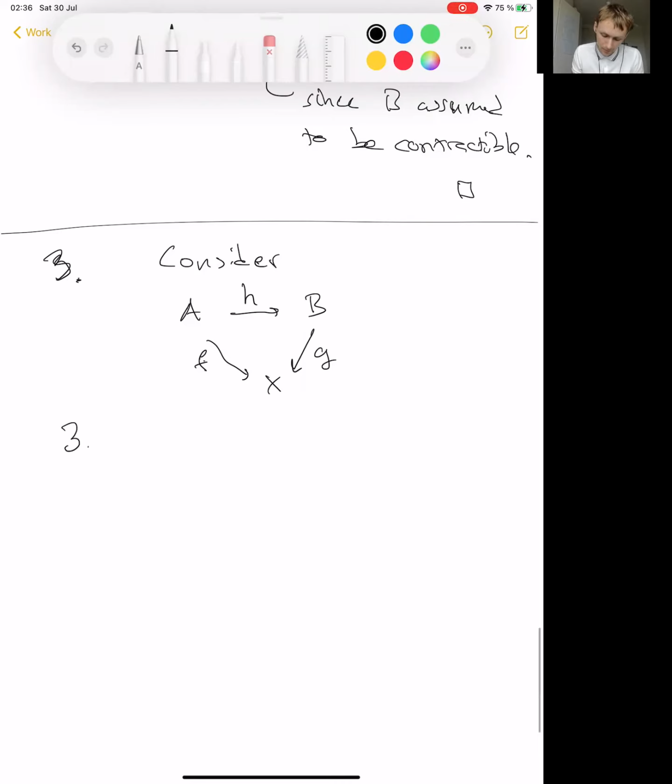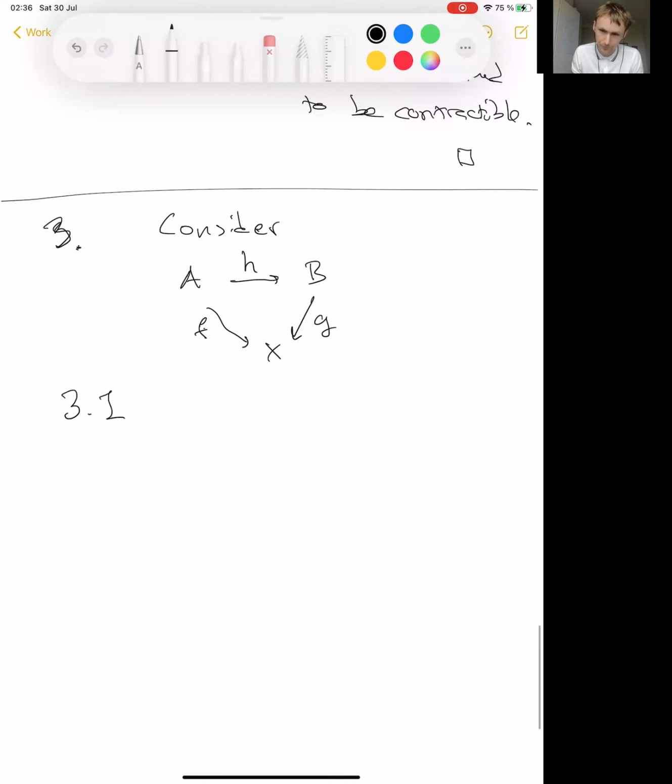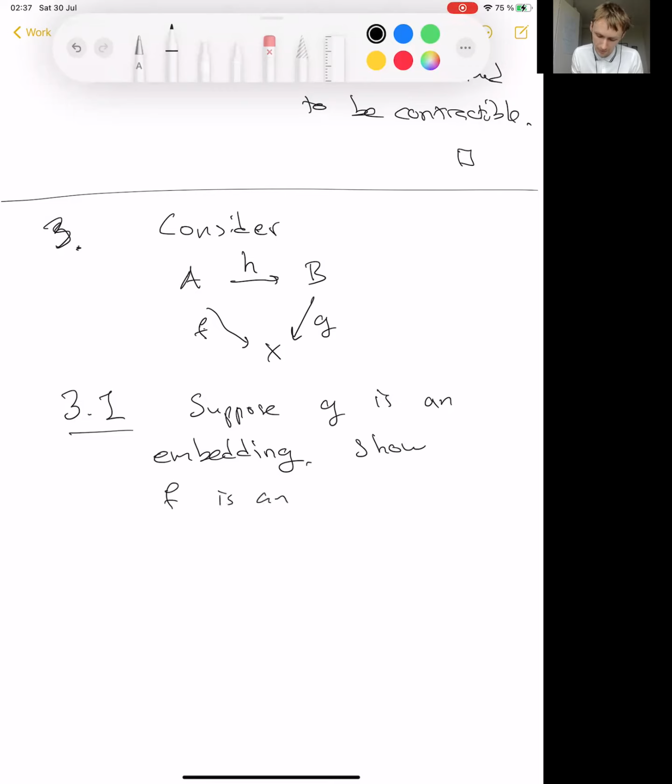So problem 3.1 says, suppose that G is an embedding. Show that F is an embedding if and only if H is an embedding.